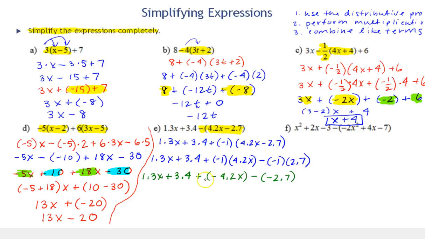Now let's look back at the original expression. So this stayed the same, this stayed the same. Instead of subtraction, we have addition. 4.2x was positive, and we made it negative. There's subtraction. 2.7 was positive, and we made it negative.